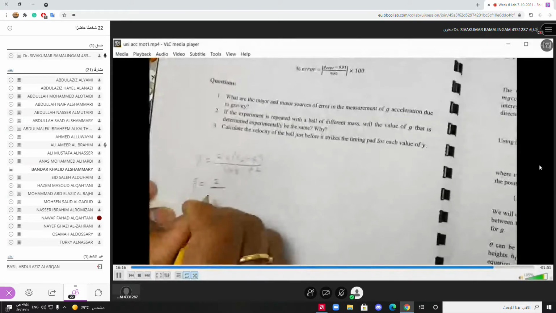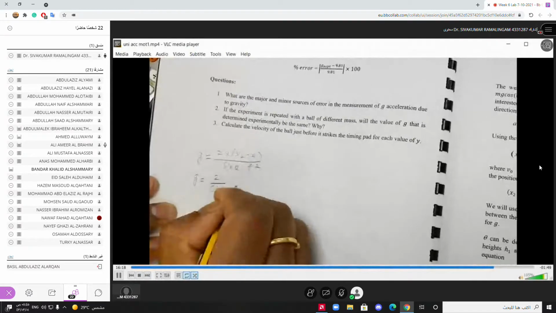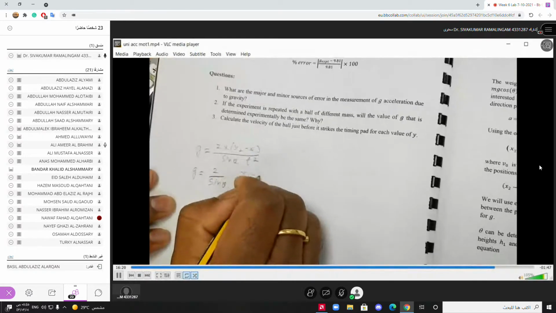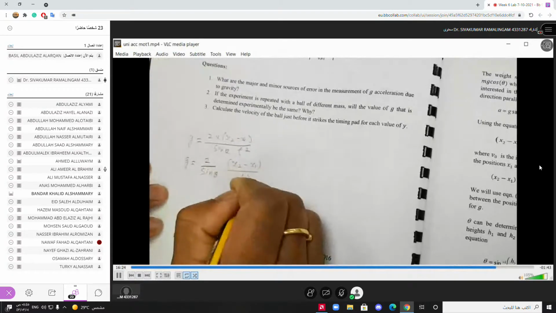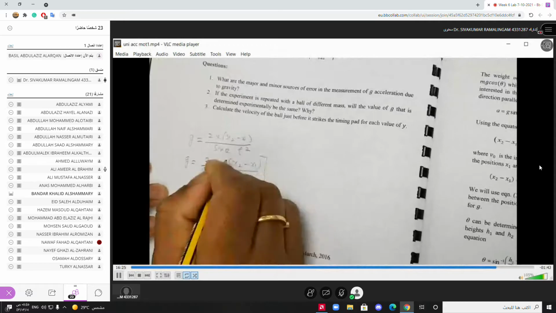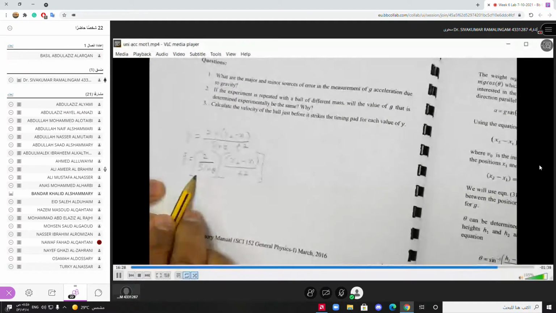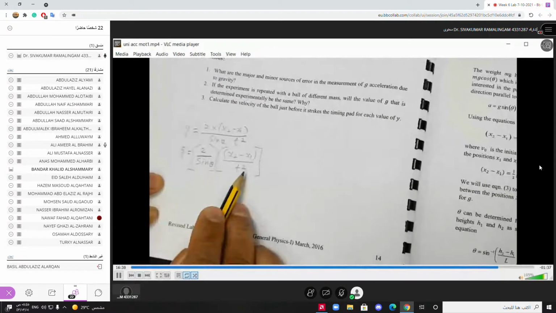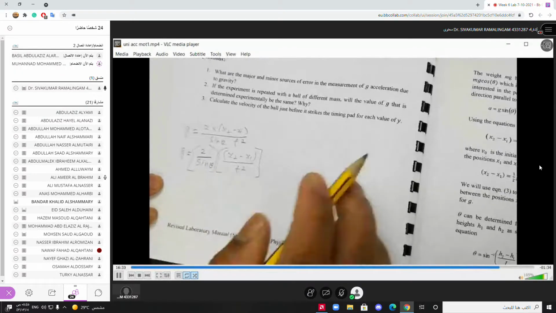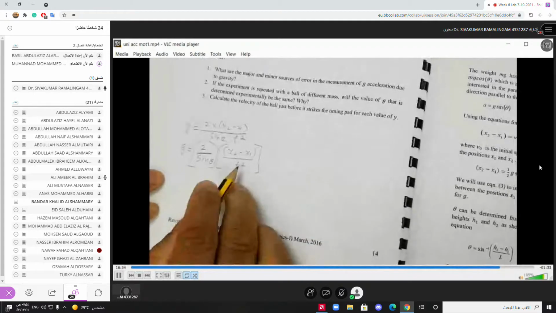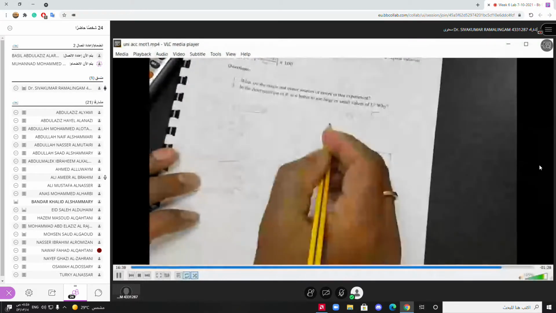I'm going to write this into 2 parts: 2 divided by sine theta into x2 minus x1 by t square. This is the constant part, this is a variable part. The theta, I have the average only from the first part, and this one, x2 minus x1. How can I get this? The meaning of the slope.